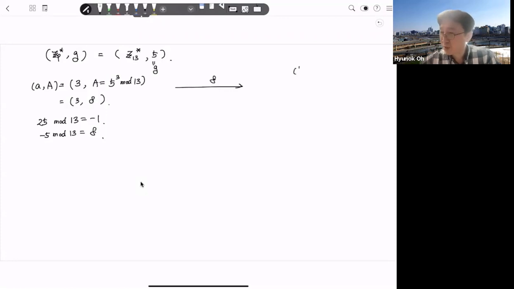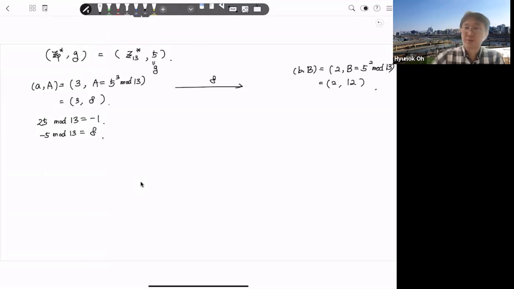And Bob is choosing b as like 2. So 5 to the 2 mod 13, how much is it? 12. So this is going to 12. Then what's the shared key? 12 to the 3.